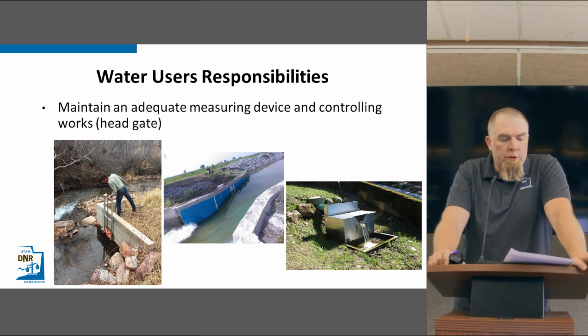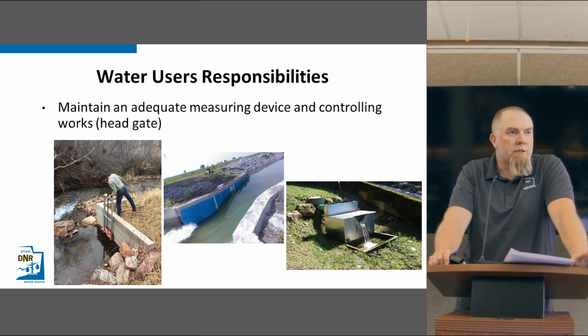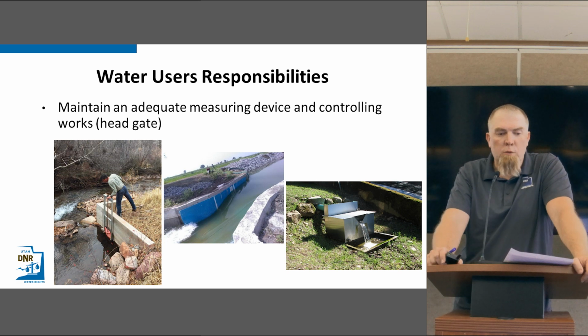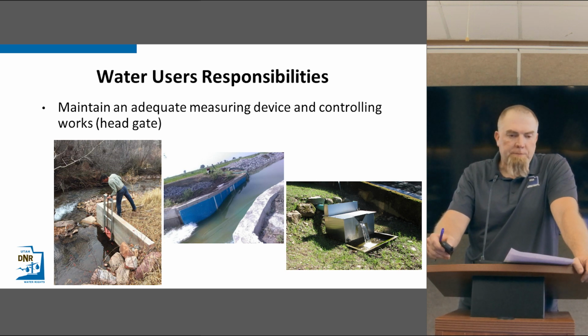A water user's responsibility is to maintain an adequate measuring device and controlling works. The state of Utah, as you know, has a wide variety of climate, so we see a wide variety of measuring devices, anywhere from partial flumes to perhaps electronic devices. We see all sorts.